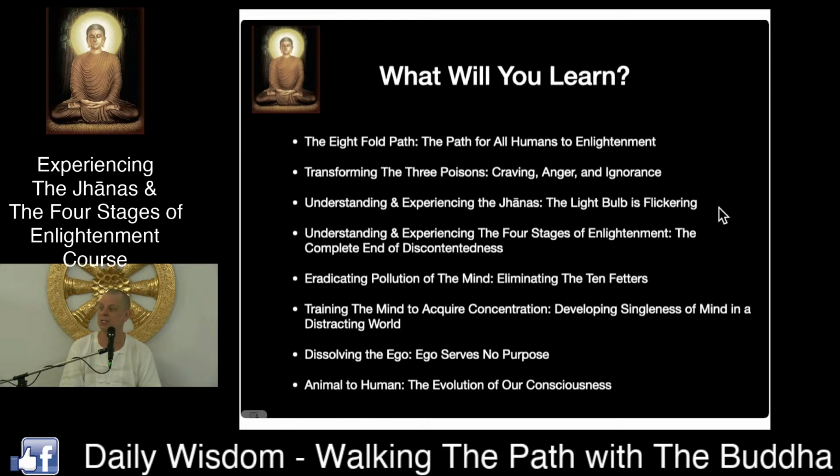Then tomorrow we're going to be discussing the jhanas. I refer to it as the light bulb flickering, because when you're experiencing the jhanas, these are preliminary phases that the mind goes through before you get to the first stage of enlightenment. This is one of the real first clear indications that you're putting together your practice really well, because you start seeing these enhanced qualities of mind as your mind's moving through these jhanas.